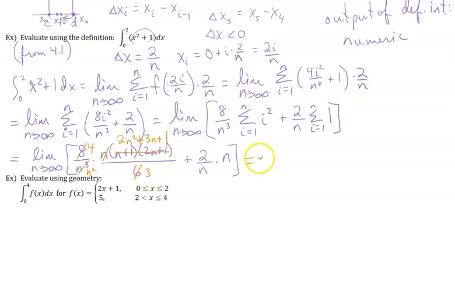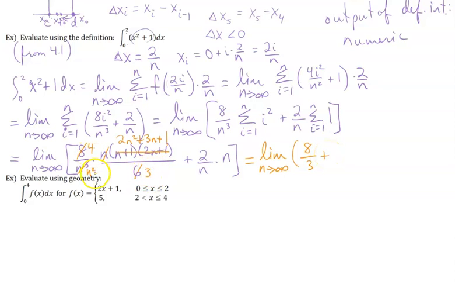Okay? And if you want to write that out in a couple steps, you are welcome to do so. So I have 4 over n squared times 2n squared over 3. The n squareds cancel, and I get 8 over 3. 4 times 2, n squareds cancel, and I still have a 3 in the denominator.